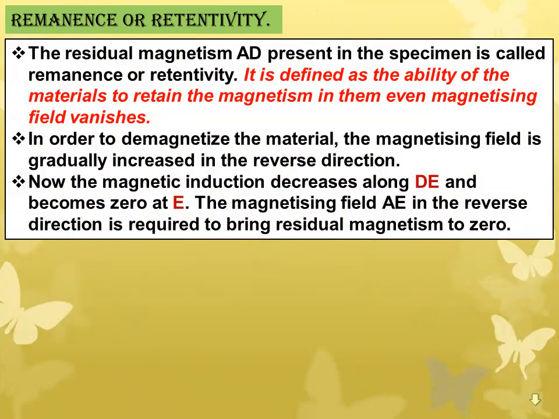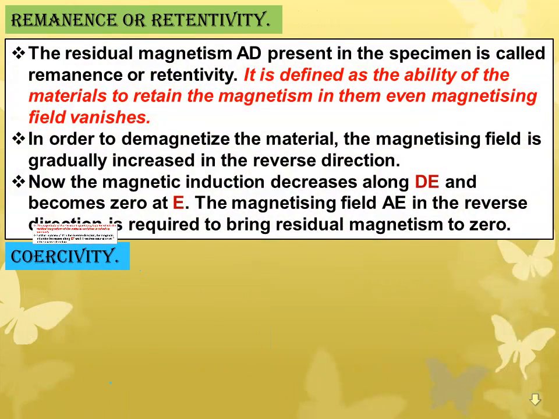In order to demagnetize the material, the magnetizing field is gradually increased in the reverse direction. Now, the magnetic induction decreases along DE and becomes zero at E. The magnetic field OE in the reverse direction is required to bring the residual magnetism to zero.